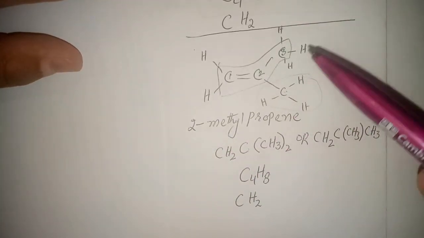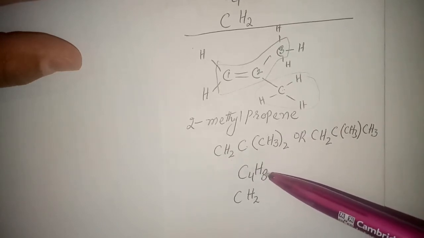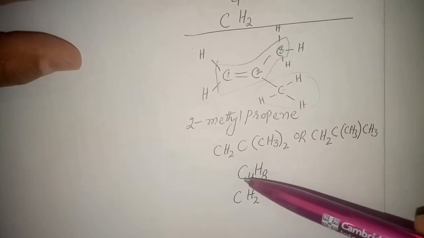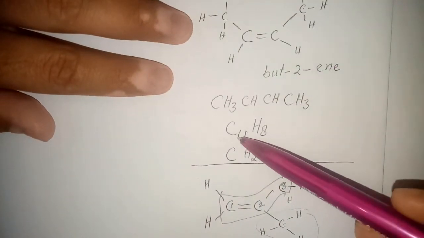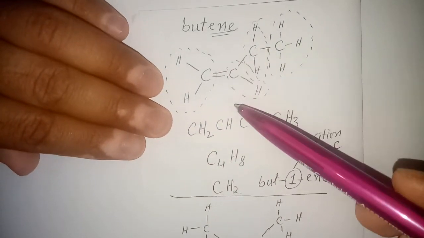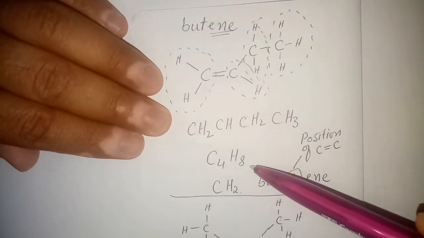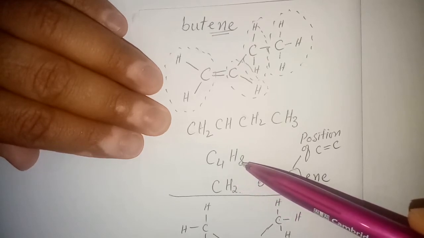What is common? All of the 3 molecules have the same molecular formula. You can see this is C4H8, but-2-ene also has C4H8, and but-1-ene also has the same molecular formula, that is C4H8.